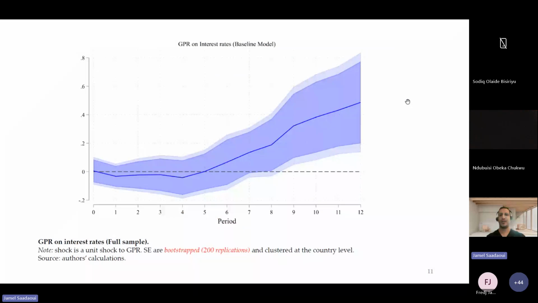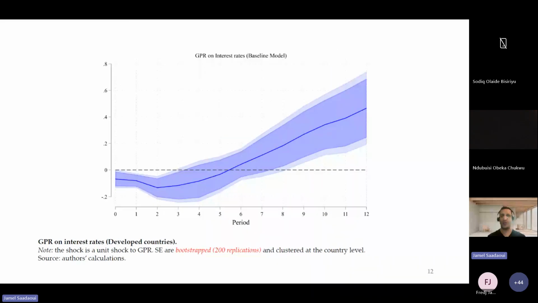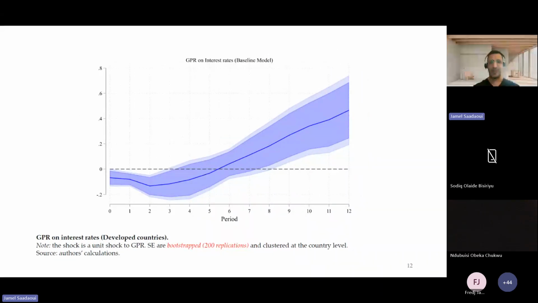That's fine. So for the full sample, we only have a medium-run reaction, if you want. But if we go to the developed countries, we see that there is this initial reaction.